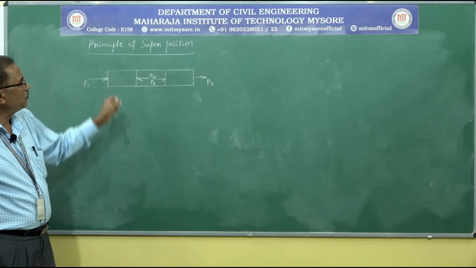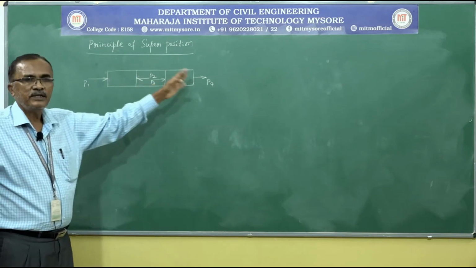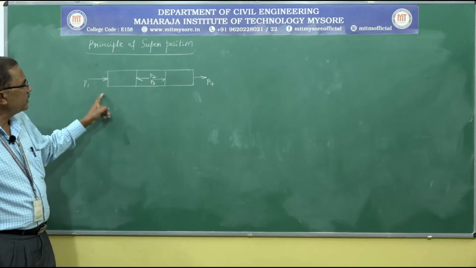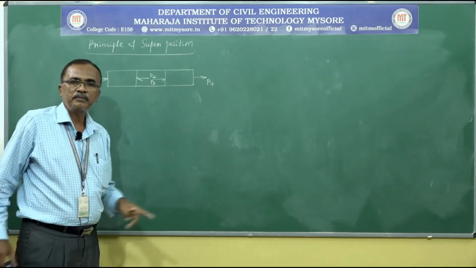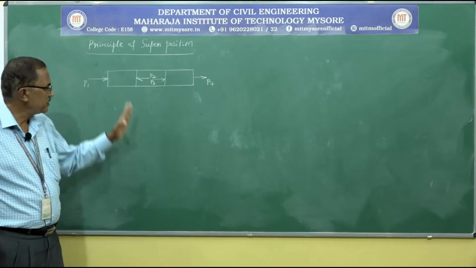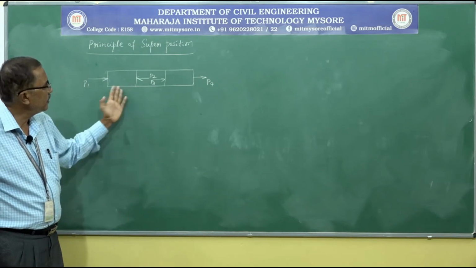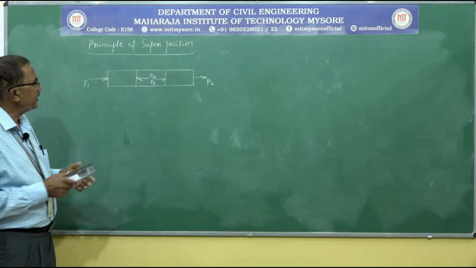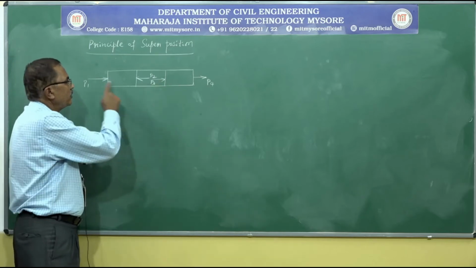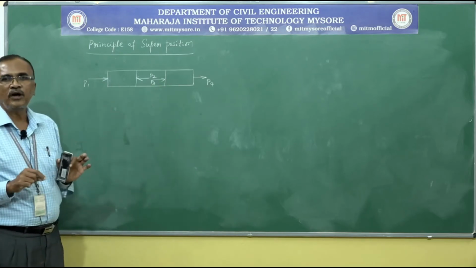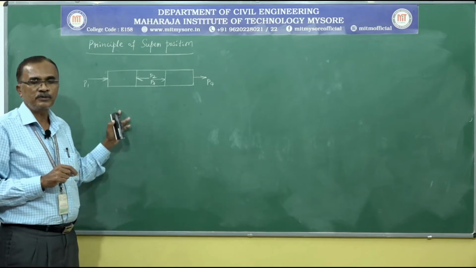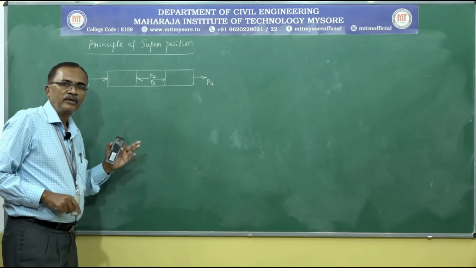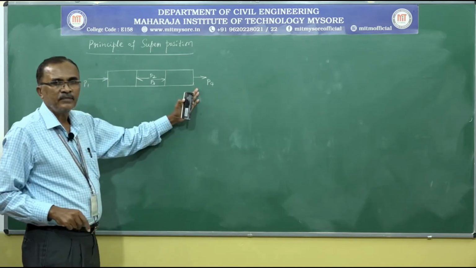In order to find the strain and stress under these circumstances, first you have to consider the free body diagram of the given bar by separating various portions or segments. After separating the various portions, we have to check the equilibrium condition of each portion by considering the forces acting from the left side or right side.